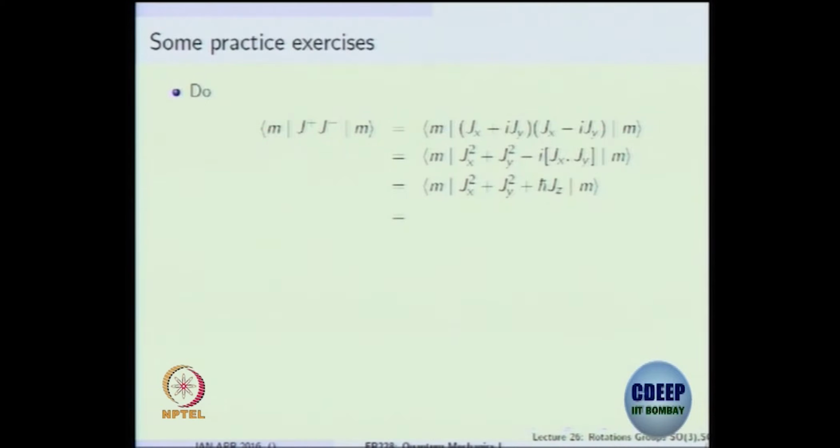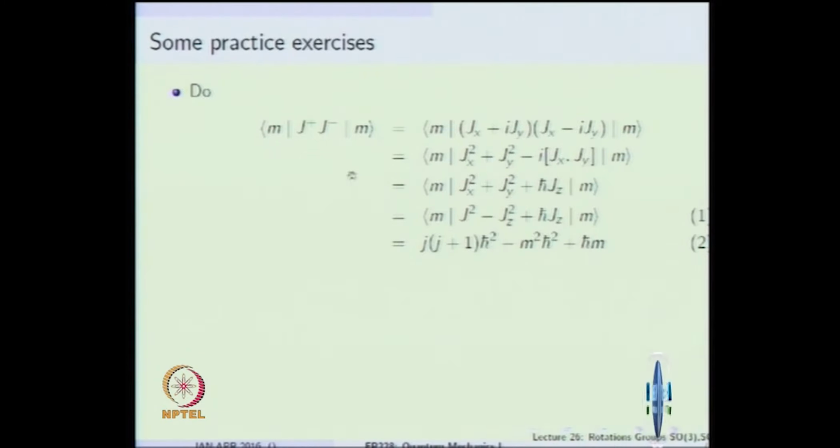Okay, you can do this. You can rewrite this Jx squared plus Jy squared as J squared minus Jz squared, and that will give us the j into j plus 1 h cross squared. Okay.